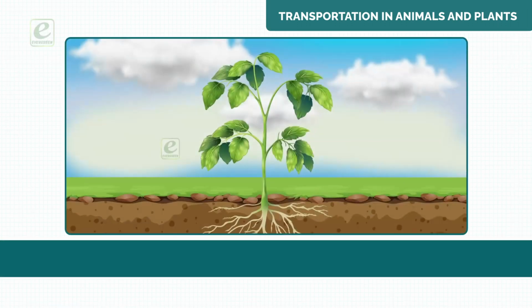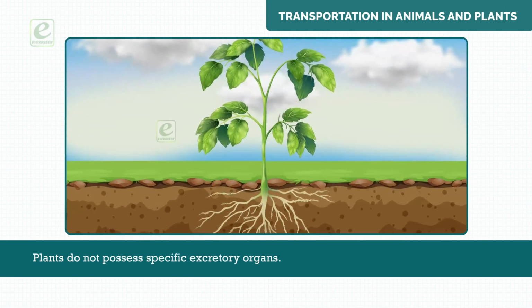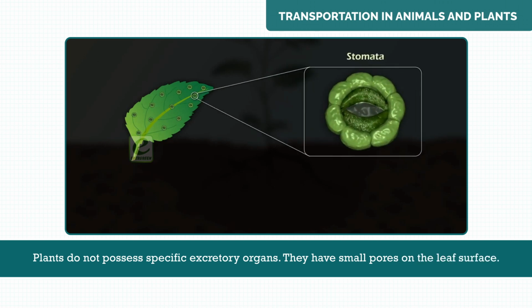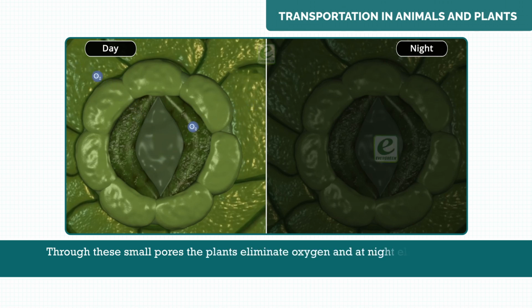Excretion in plants. Plants do not possess specific excretory organs. They have small pores on the leaf surface. Through these small pores, the plants eliminate oxygen and, at night, eliminate carbon dioxide.